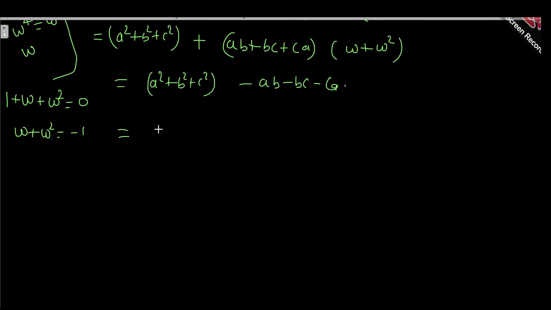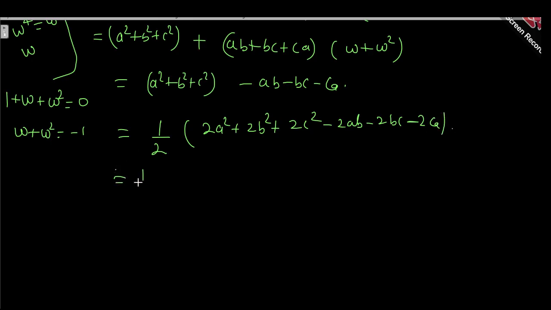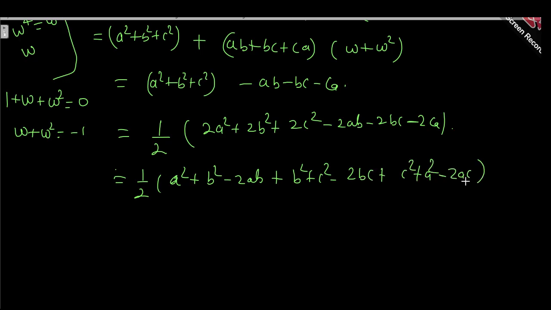Now we can write this quantity as half of 2a square plus 2b square plus 2c square minus 2ab minus 2bc minus 2ca. So we can also write this as a square plus b square minus 2ab, plus b square plus c square minus 2bc, and c square plus a square minus 2ac.